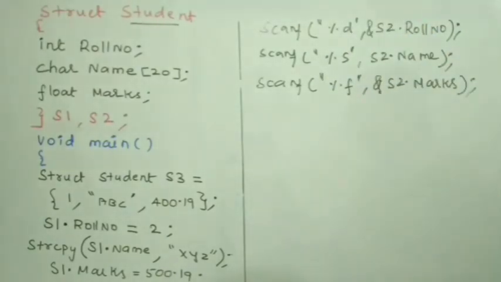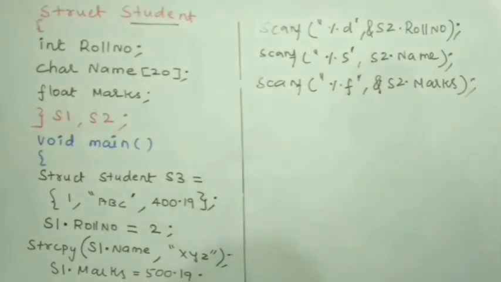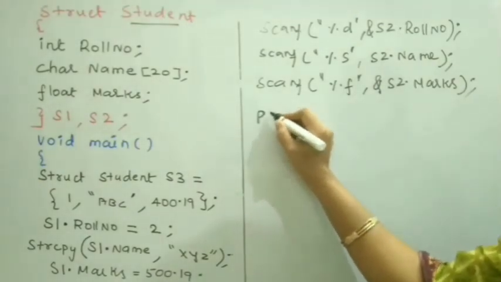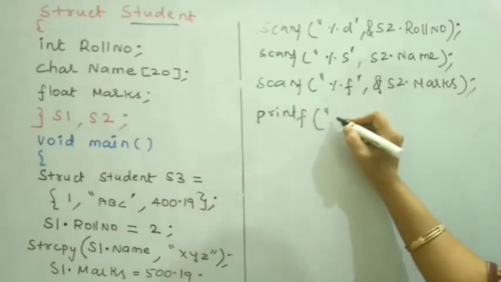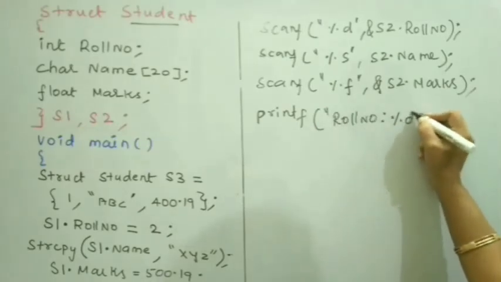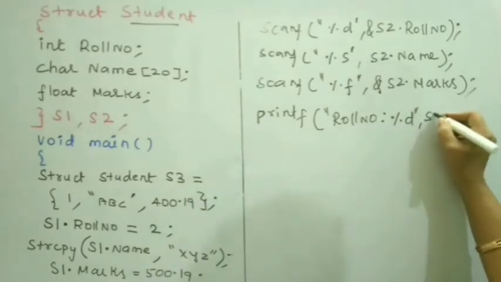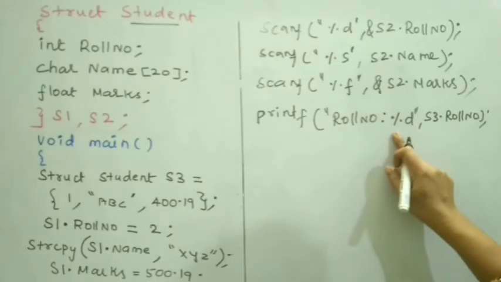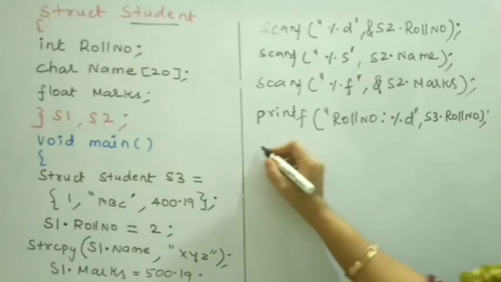Next, if I want to print the value, for example the value of the structure variable s3, how to print the value? I may make use of the function printf. First I want to print roll number colon %d. This %d will be replaced by the roll number of the structure variable, that is s3 dot roll number.